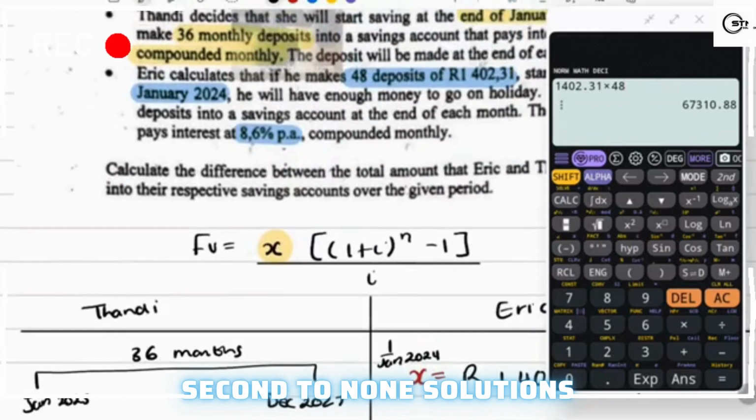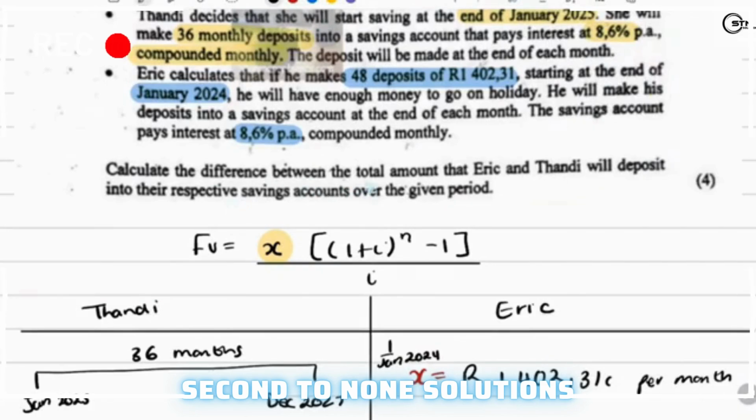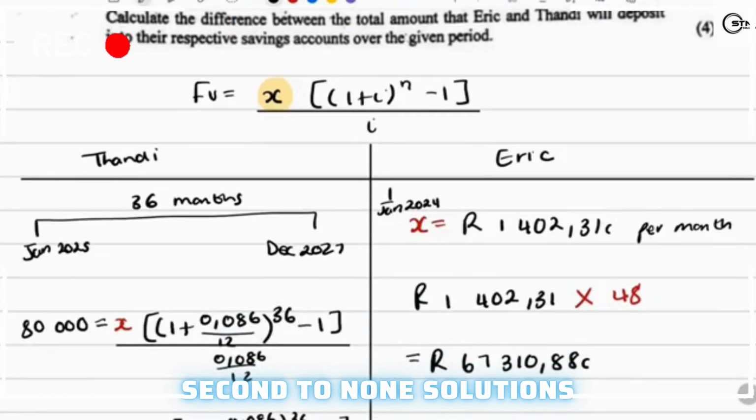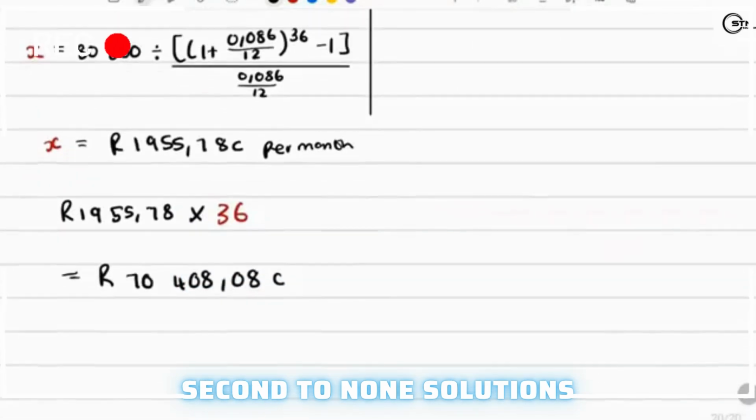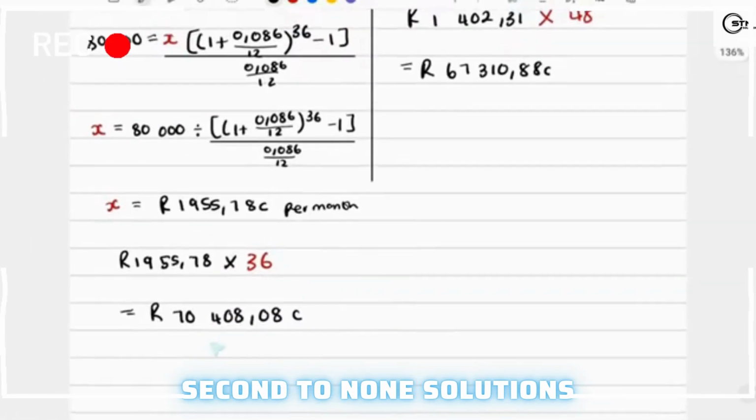But the question was to calculate the difference between the total amount that Eric and Tandi will deposit into their respective savings accounts over the given period. So just the difference. As you can see, Tandi pays more.